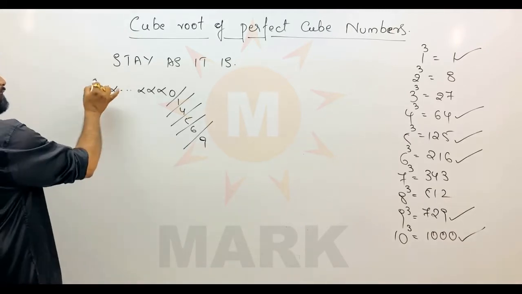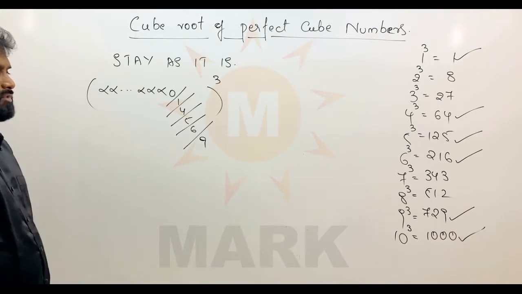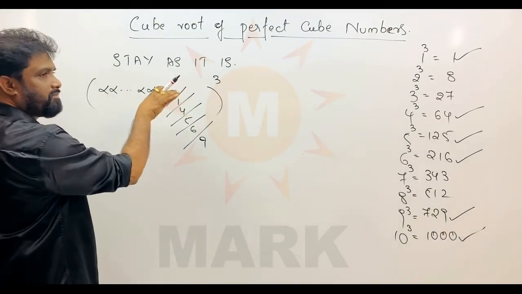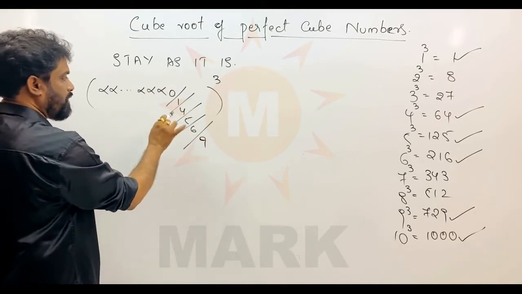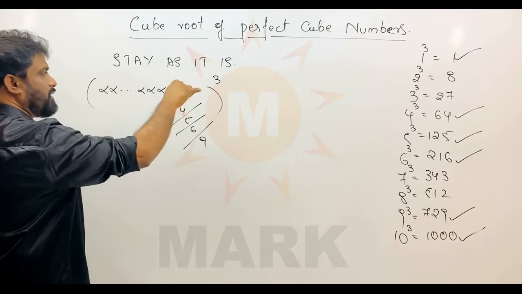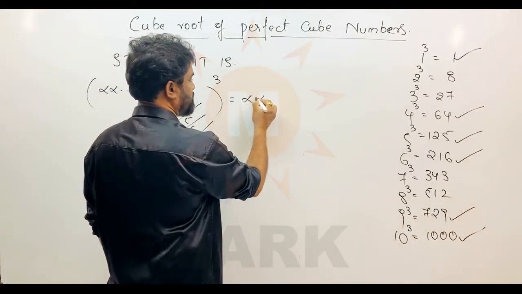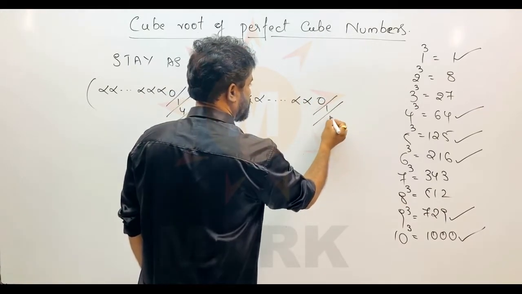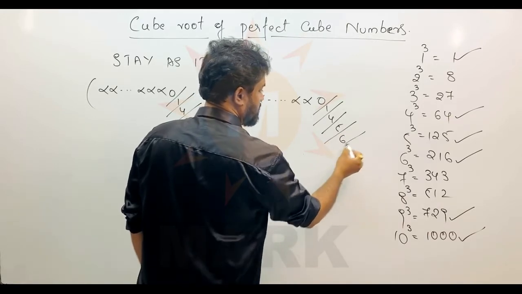When you are cubing it, you take any size number. If the last units digit of that given number, of that base, is 0 or 1 or 4 or 5 or 6 or 9, when you are cubing it, in the answer also you will get the same digit. That means 0 for 0, 1 for 1, 4 for 4, 5 for 5, 6 for 6, 9 for 9.